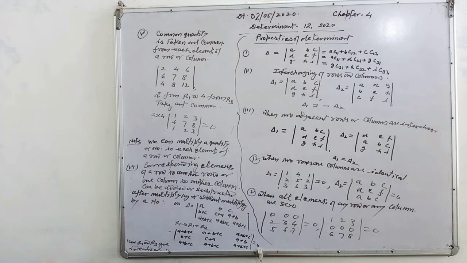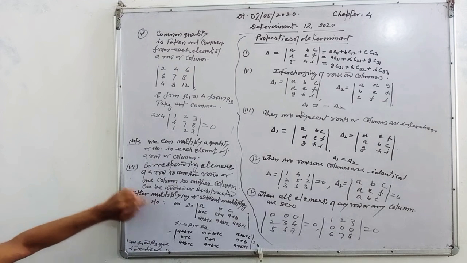This is your determinant, and you have to simplify it using the property. How can you simplify it? The first row is A, B, C, the second row is B plus C, C plus A, A plus B, and the third row is A plus B plus C, A plus B plus C, A plus B plus C. Look here: without expanding, applying the property, find the result.